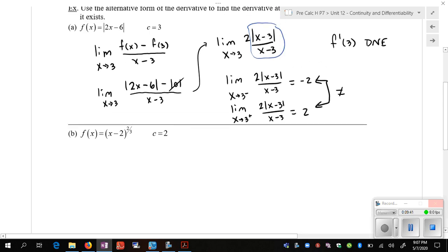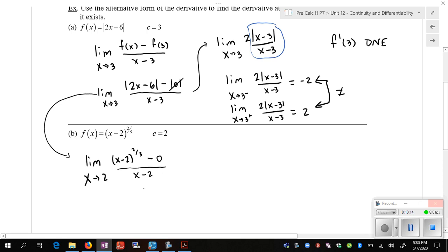All right, so I'm going to go ahead and skip this step of writing it in f of x notation and just jump right down to this, right? So we're looking at the limit now. It's a c value of 2, so it's the limit as x goes to 2 of f of x. Well, this is f of x, and if I plug in 2 there, we get 0 to the 2/3, so it's just 0 over x minus 2.